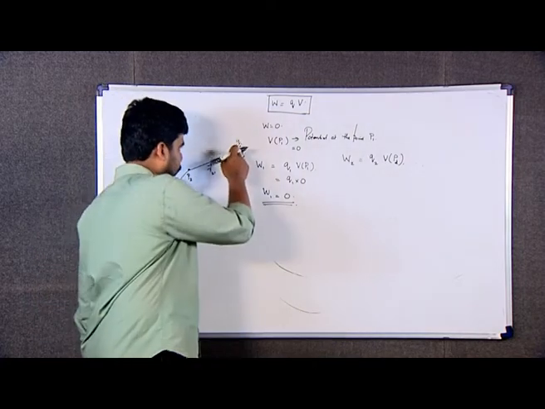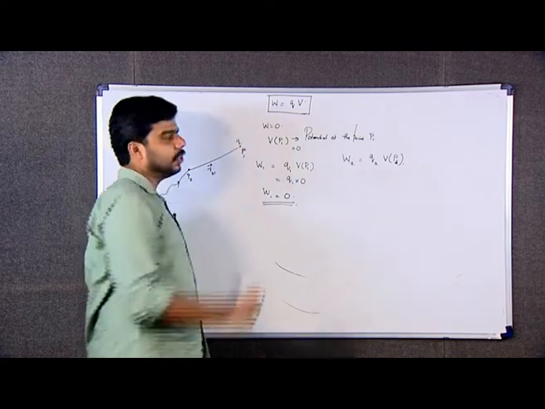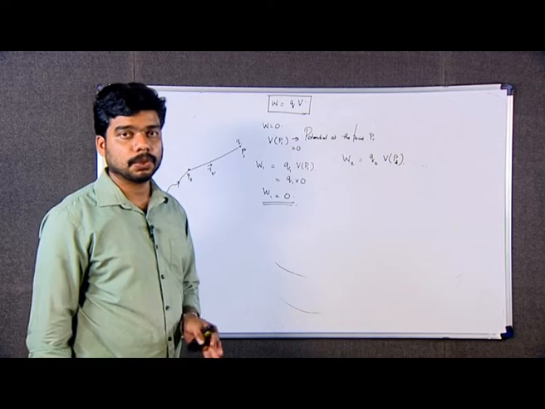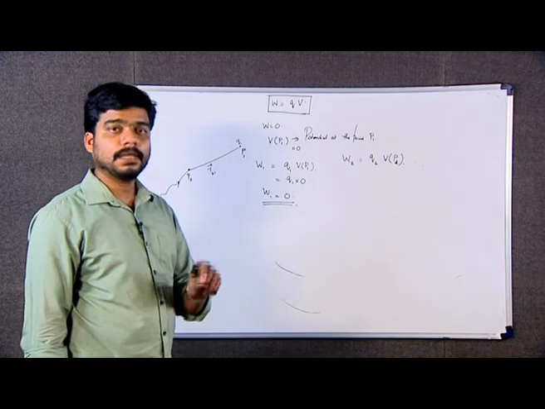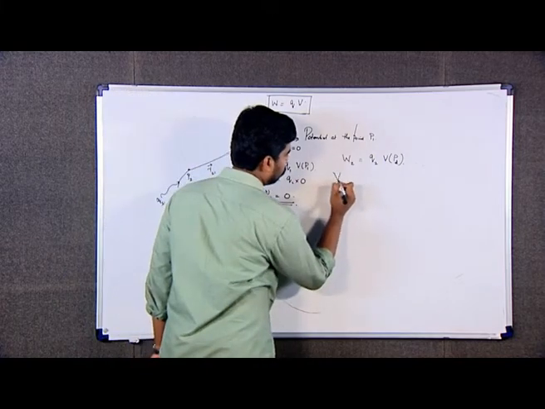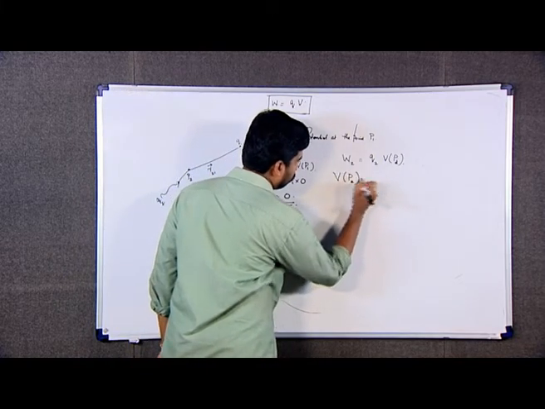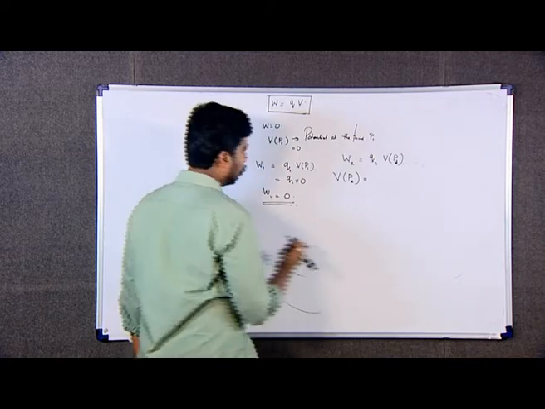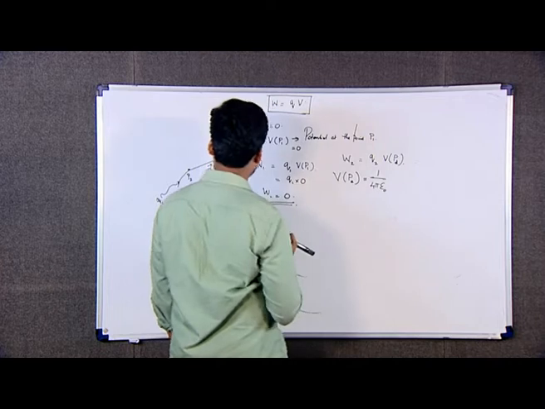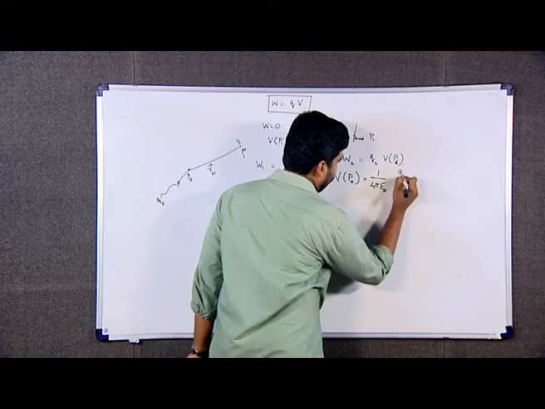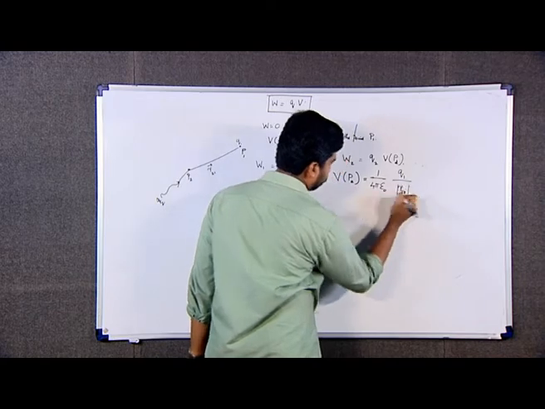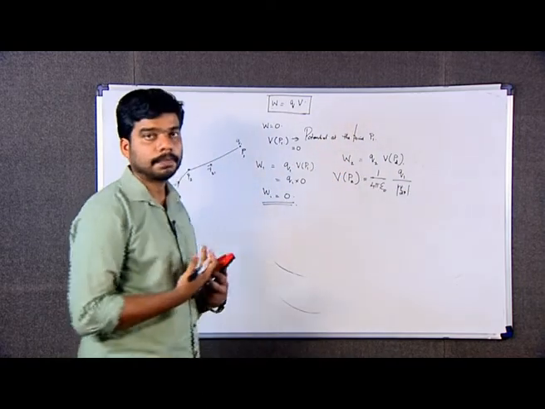So, there will be a field produced by this charge Q1, so the potential is not at all 0. What is the potential at the point P2? The potential at the point P2 is equal to 1 by 4 pi epsilon 0 Q1 by modulus of R21.